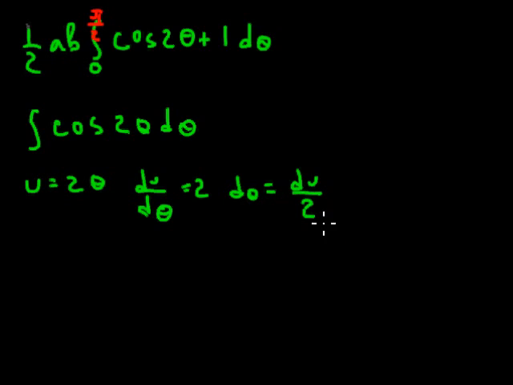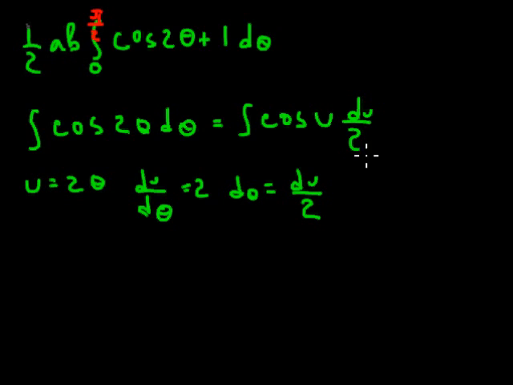So let's make this substitution, and we get cos u, since 2 theta is u, and d theta is du over 2.